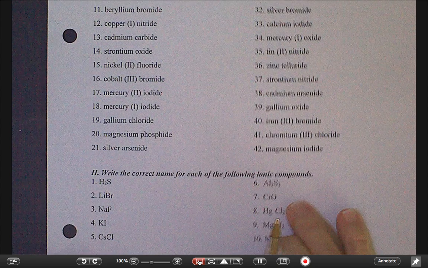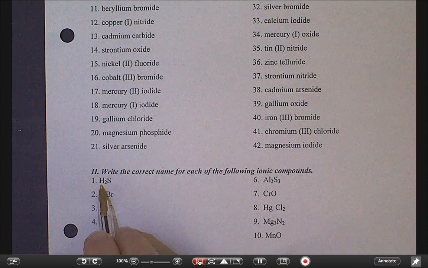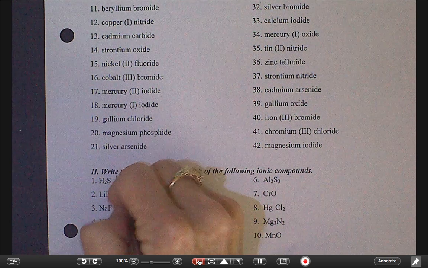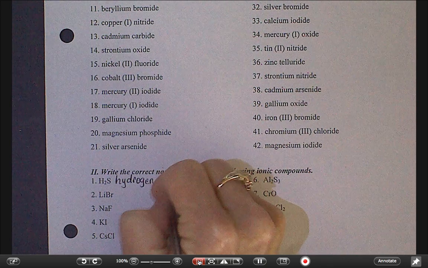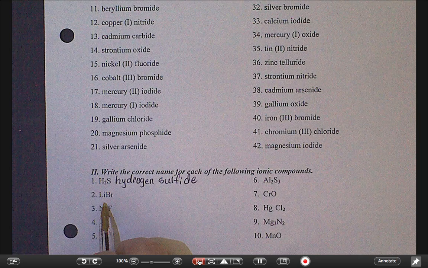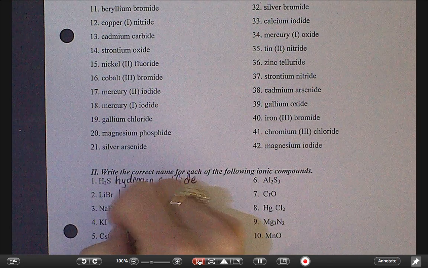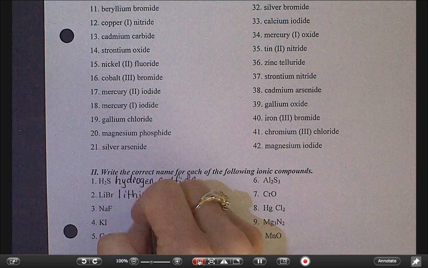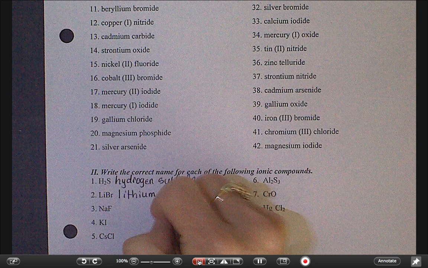Okay, let's do some names. What's the name of H? Yes. Name of this one. What's the name of Li? Lithium, Br is bromine. Bromide.